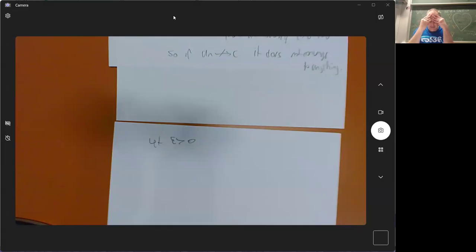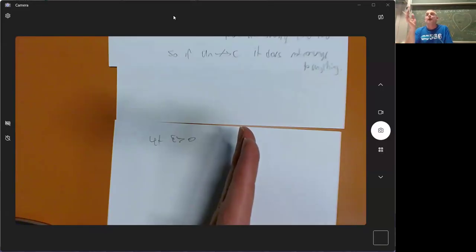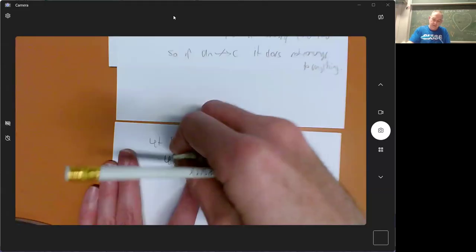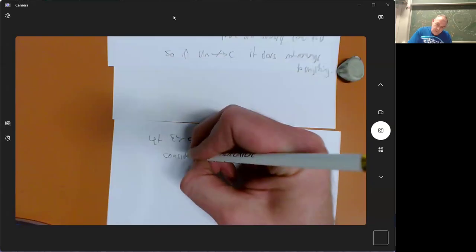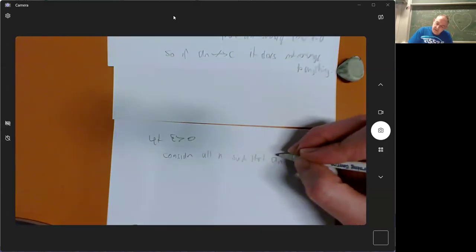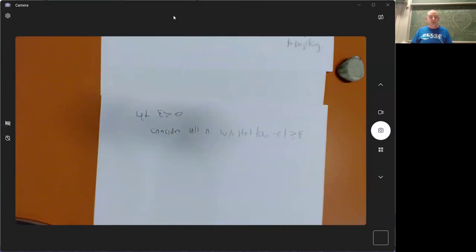My point is that there has to come a point where everything after that is within epsilon of C. And so if I think of all n such that a_n is greater than or equal to epsilon, if that is infinitely many of them, then I can make a subsequence where they're all greater than or equal to epsilon.